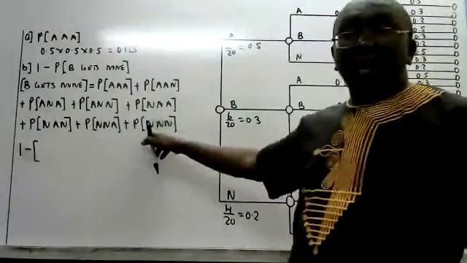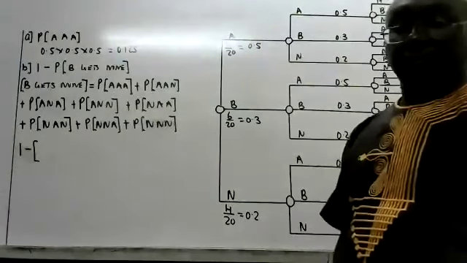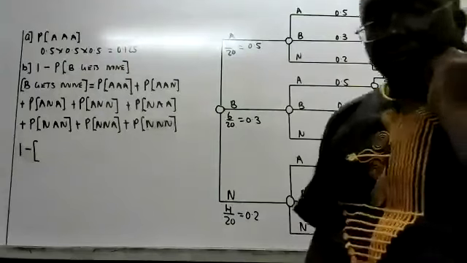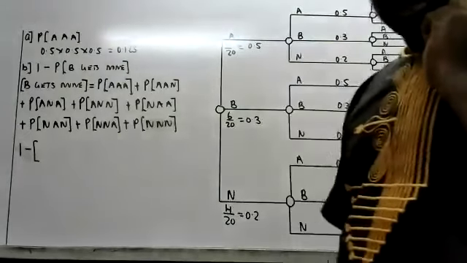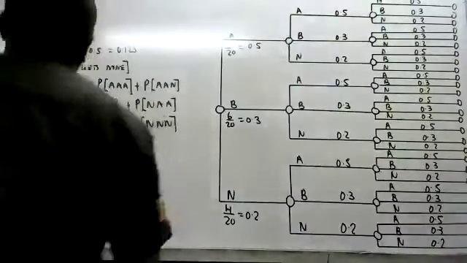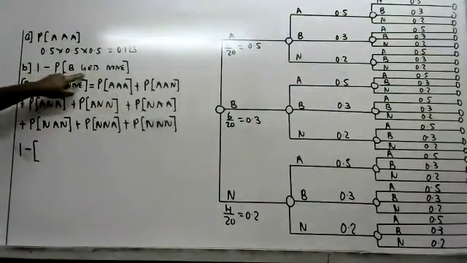If we are already here, say yes. Yeah. Good. We are there. So let us now start putting the values. So I have come back here to 1 minus probability of B gets none.